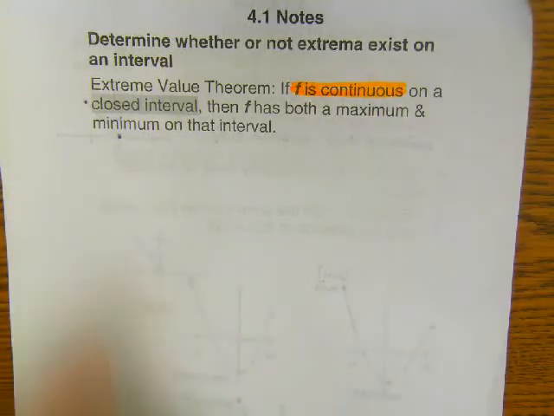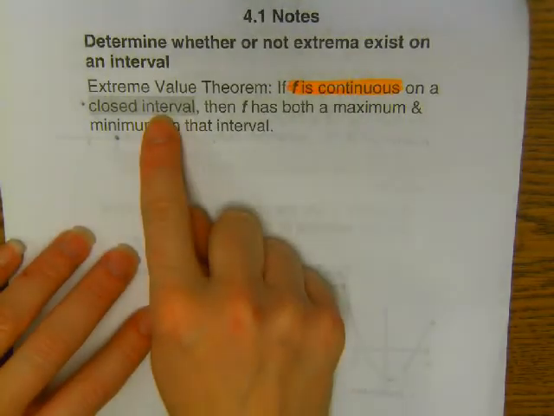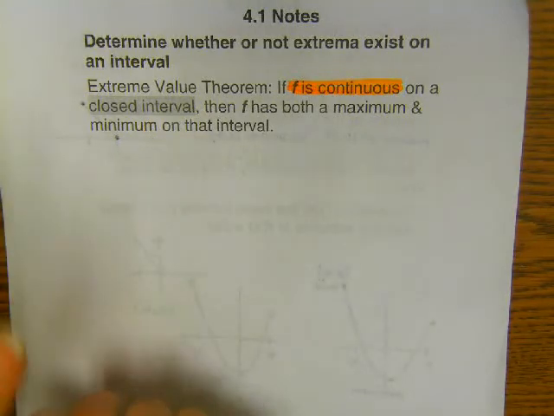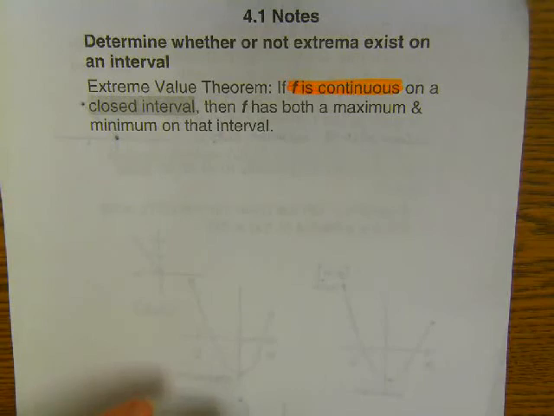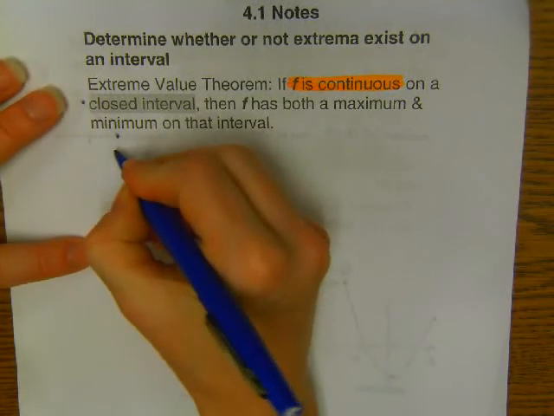Okay, so if you have a continuous function on a closed interval, these are two things that have to be true. Both of them have to be true. You need to check both. Then f has both a maximum and minimum on the interval. And the maximum or minimum, and I'm going to put here, could be an endpoint of the interval.